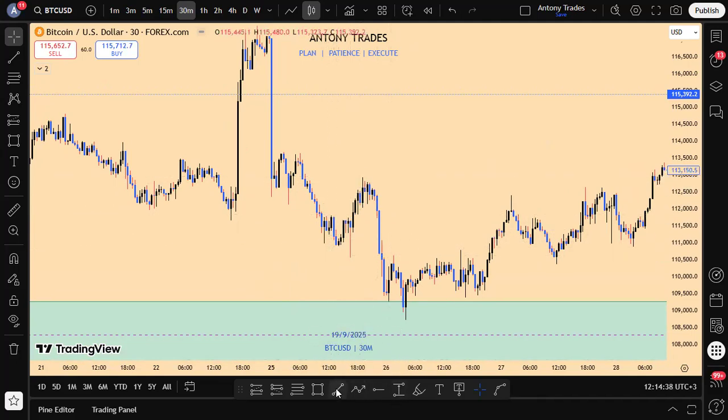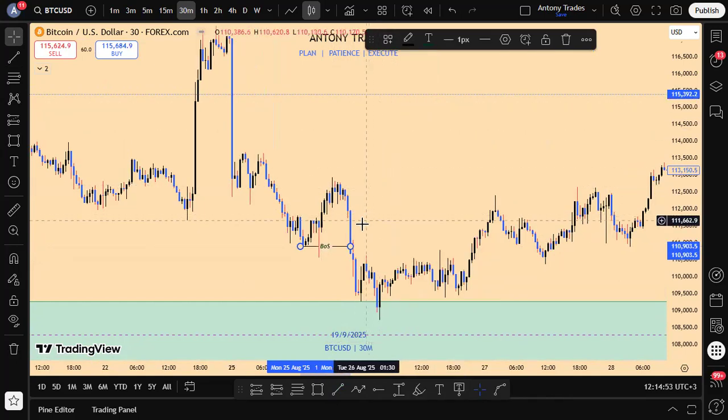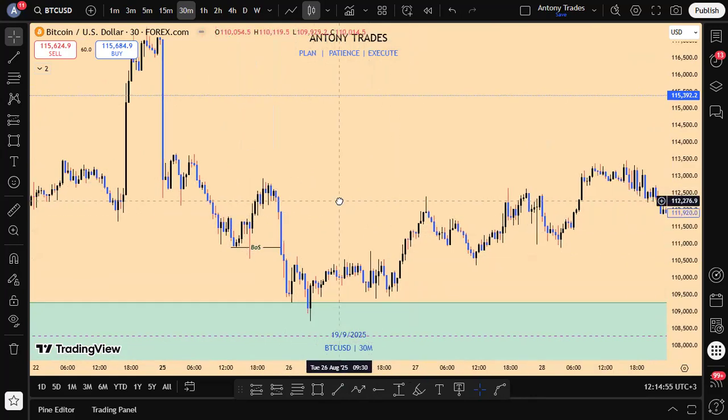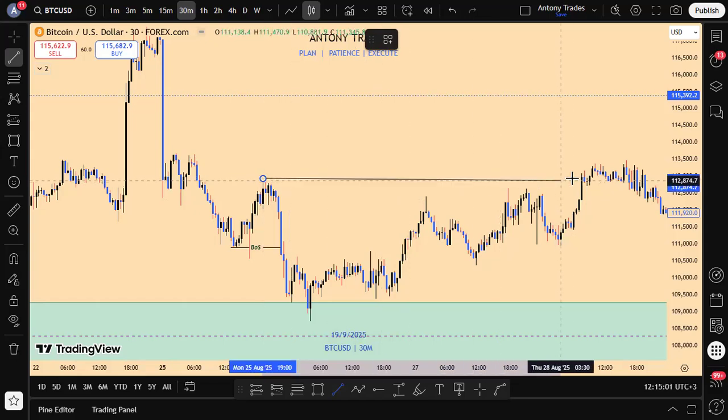Then we have a break of structure down here, around this area, which is also a good one because we have a sweep of liquidity. So now this high becomes our strong high.